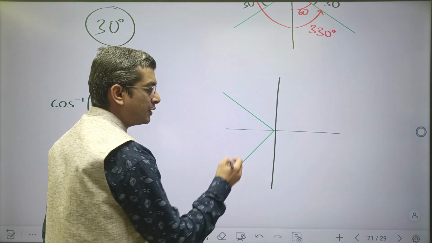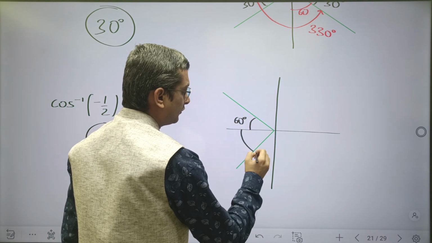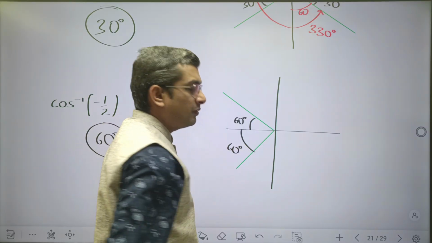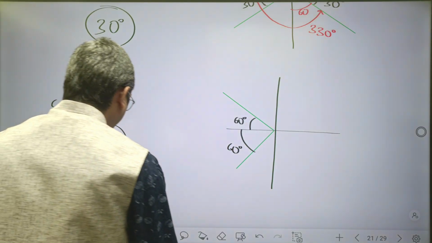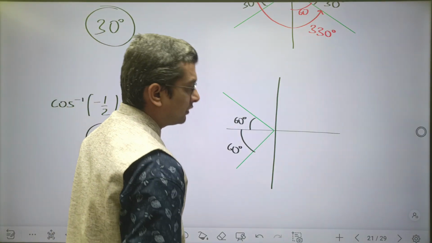So in step number 2, we take the angles of these lines from the negative axis because the two lines are in the second and third quadrants. So step number 2 is completed. In the final step, step number 3, we take the angles of these lines from the positive x-axis, that is, the reference line.